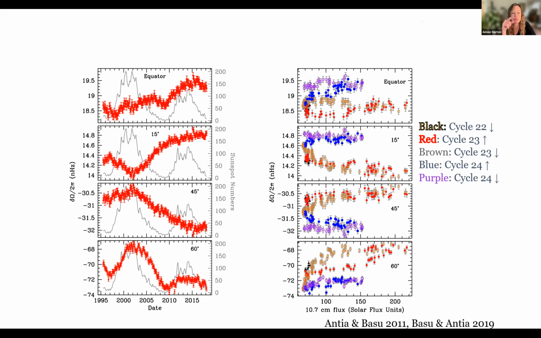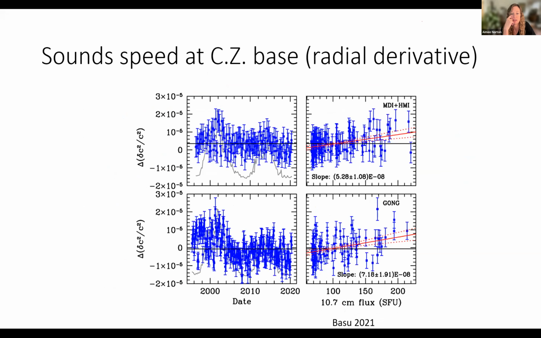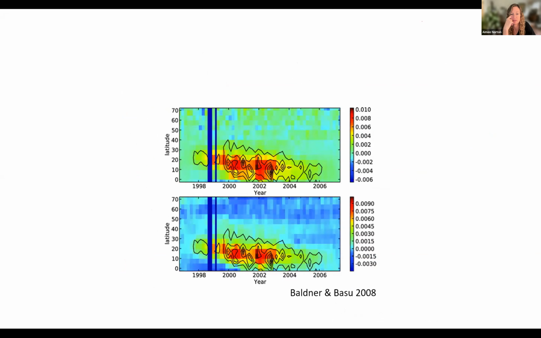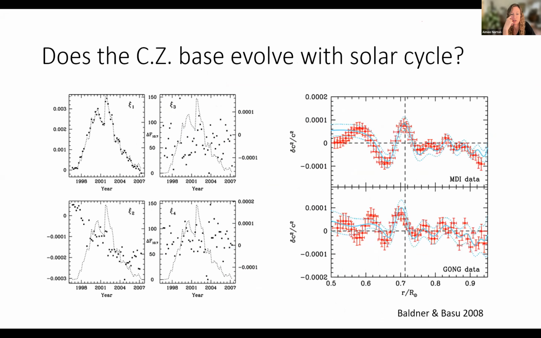Okay, so what is the plot before this one? There was another one that you were discussing. One more. That one. This one? Yes. So if you believe this inversion and this analysis, what this is saying is that there is an increase in sound speed right at the position of the base of the convection zone, and then a decrease below it.